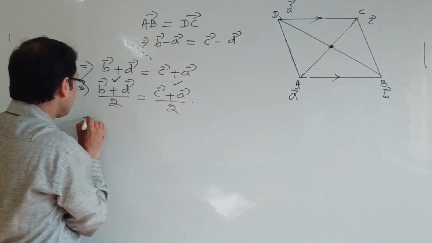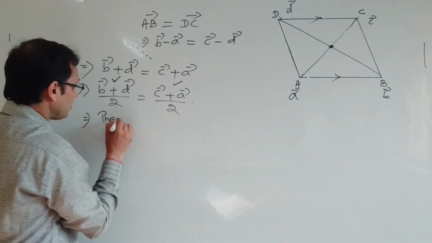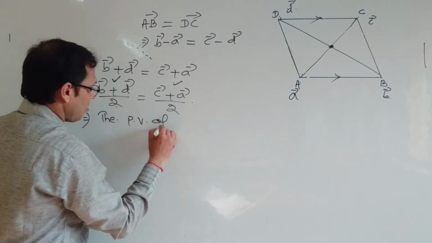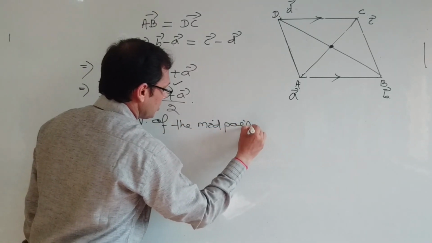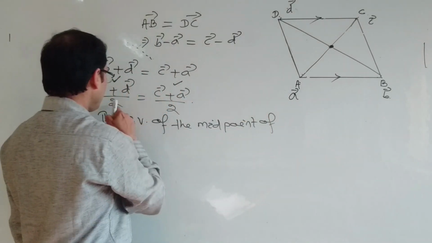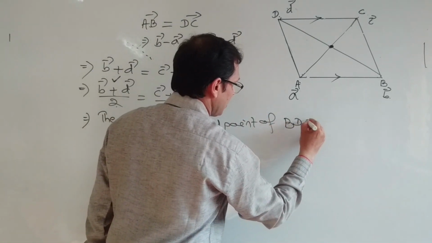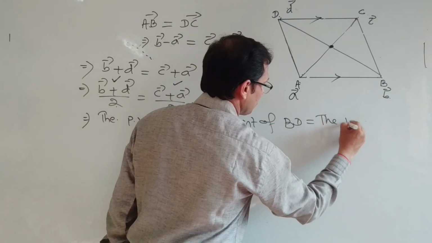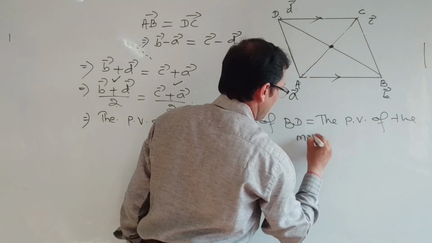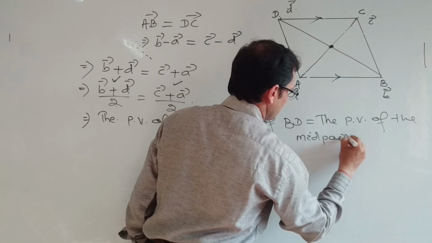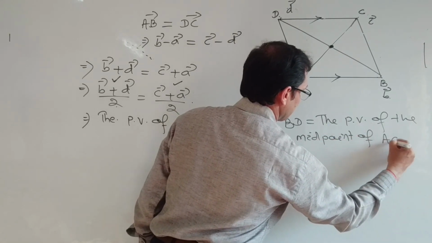So you will mention here that the position vector of the midpoint of the diagonal BD is equal to the position vector of the midpoint of AC.